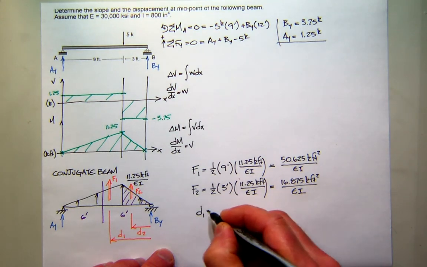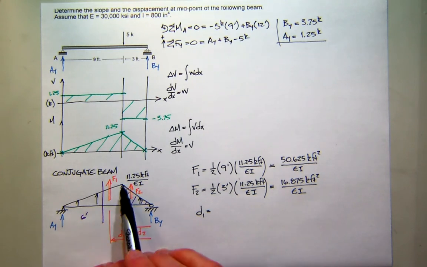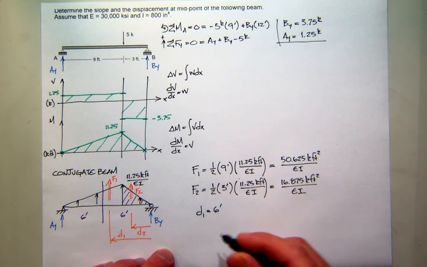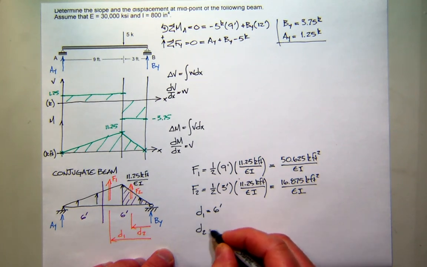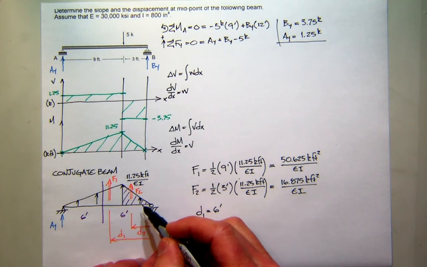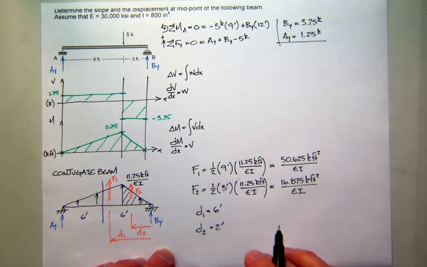D1 is going to be, first, a third of this distance, which is 9, so that's 3, plus 3 more will be 6. And D2 is going to be 2/3 of this distance. 2/3 of 3 is 2. Everybody see that? No? Why not? I didn't see what you did.